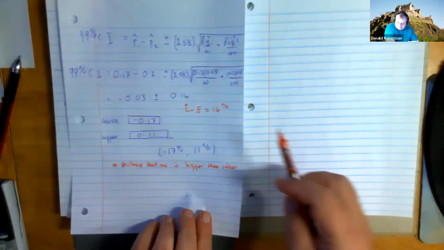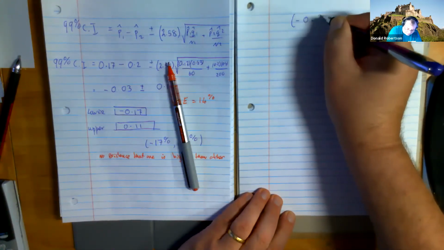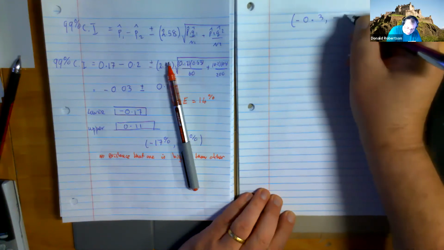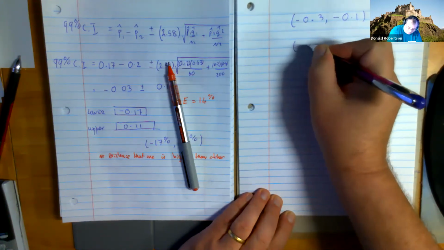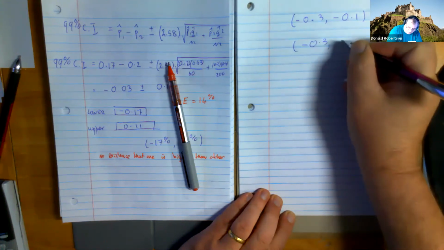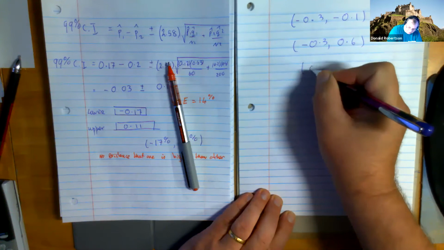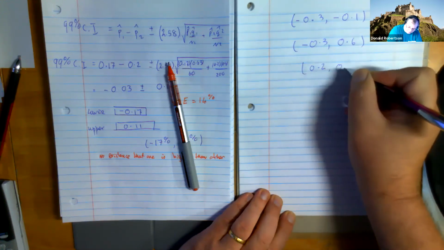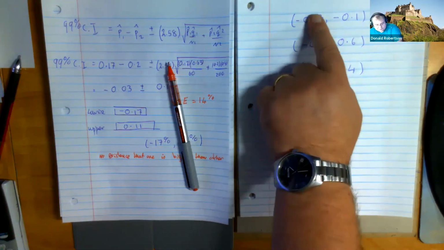So let me show you the three permutations. I'll use decimals because that's the ones you're most likely to work with. There's one interval. There's the second one. There's the third one. So imagine these were your confidence intervals.